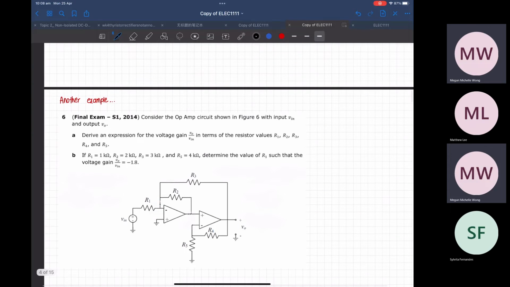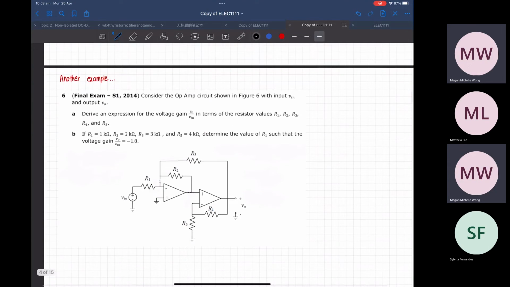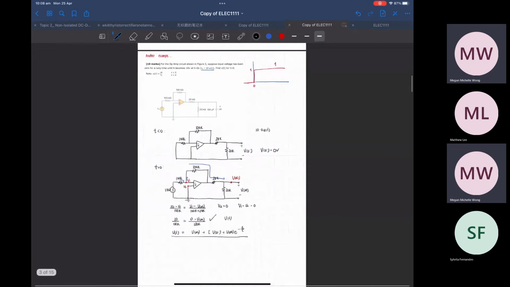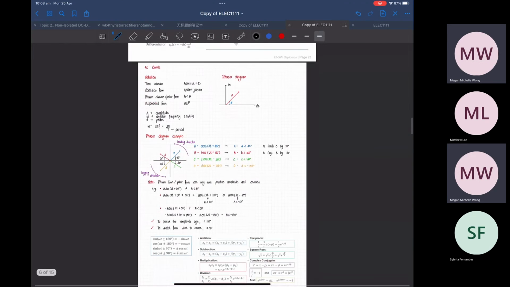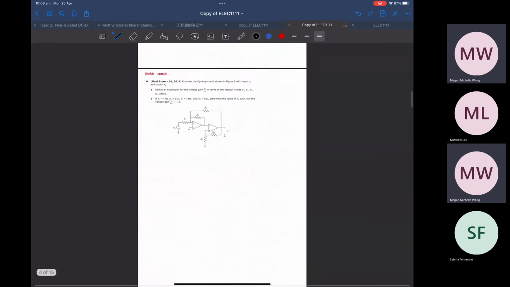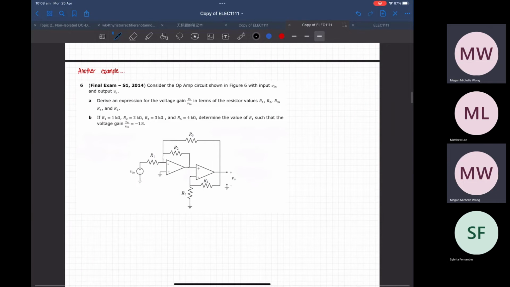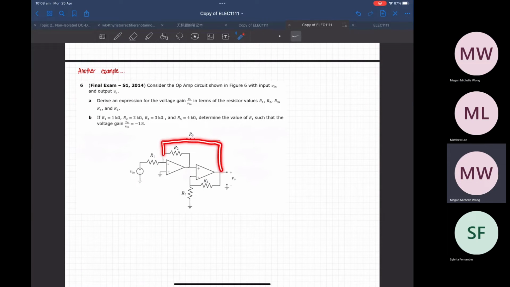This is just another op-amp. Actually this op-amp question is almost exactly the same as one that I solved below, because it also has a resistor R3 that goes all the way at the top, and it has this resistance.